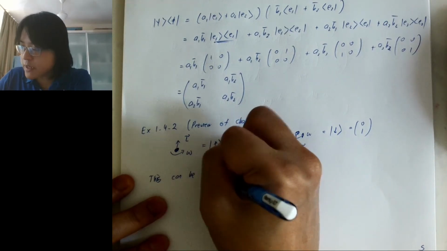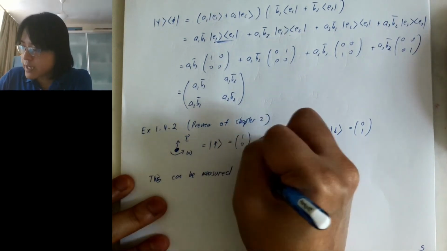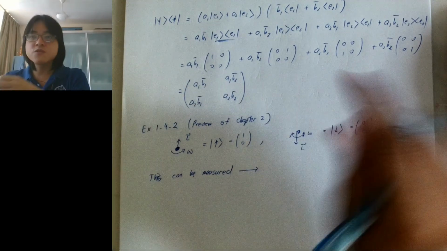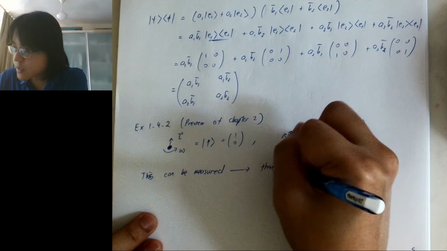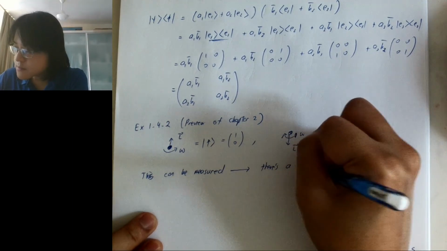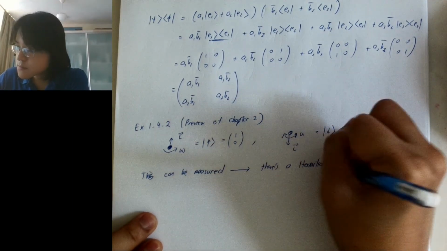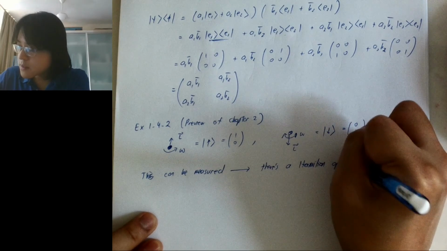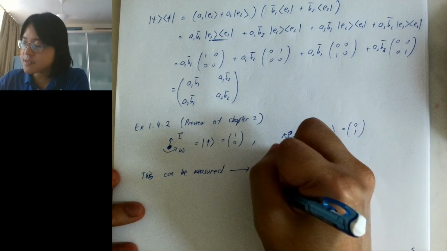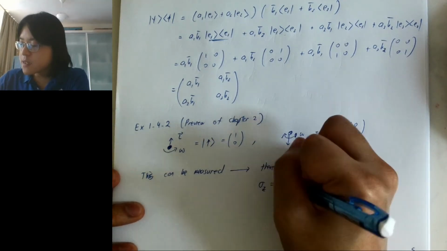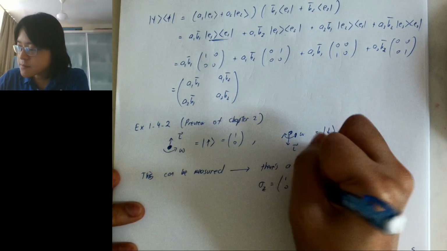But for now, in terms of the postulate, if something can be measured, then I need to know what the Hermitian operator is. And because it's in chapter 2, I can't really tell you yet, so I'll just tell you the answer. The operator is given by this.